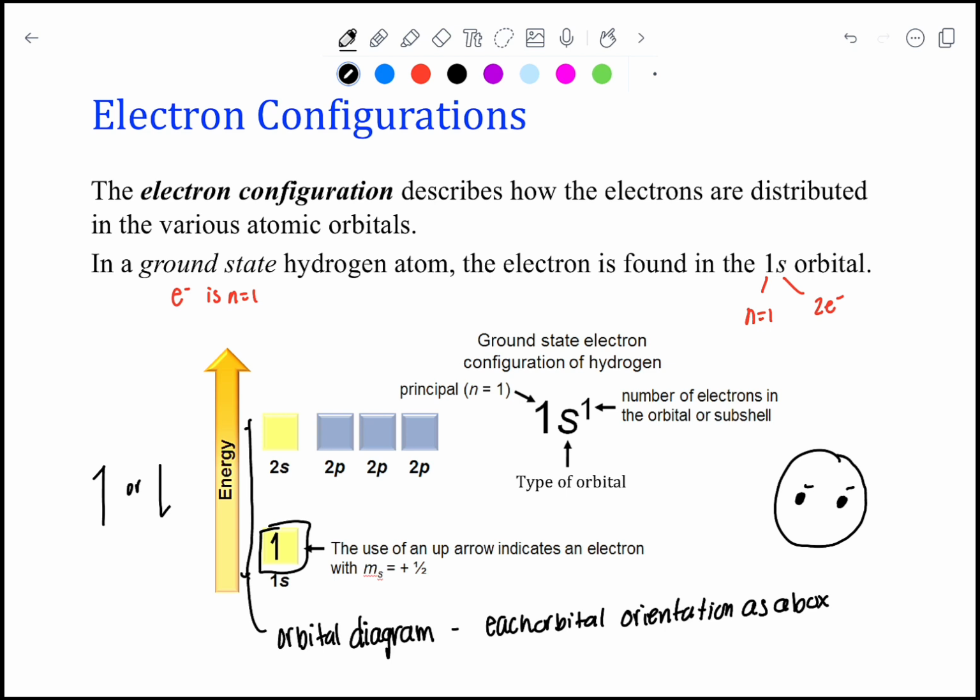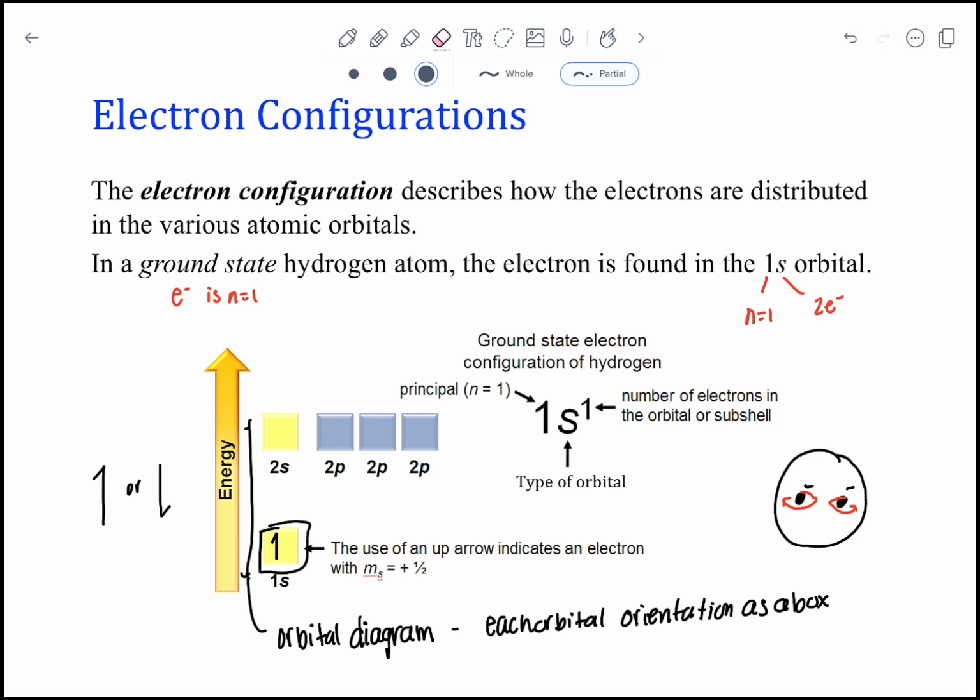Remember, opposites attract, but similars repel. So these electrons are going to start to spin in opposite directions because they don't want to be near each other. We denote that spin using our arrows: an up spin and a down spin, meaning they're spinning oppositely.